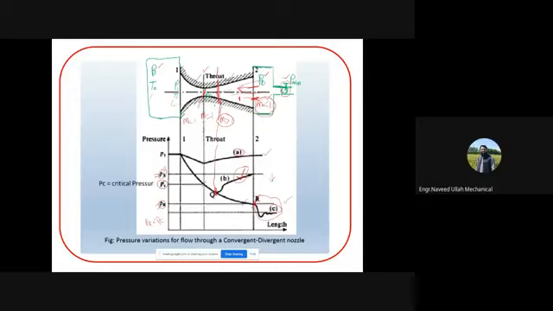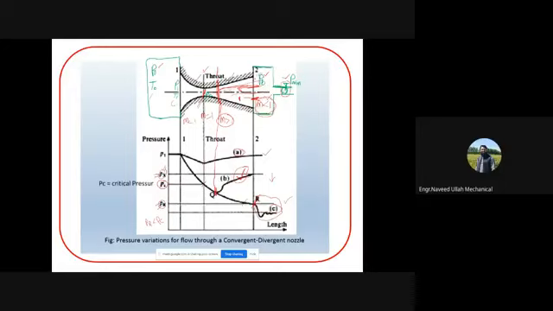Anyway, that is a separate discussion. If you want to maximize the mass flow and at the same time the jet velocity, you need to relocate this shock wave away, or you want to take this shock wave out of the nozzle. And how can we bring it outside?